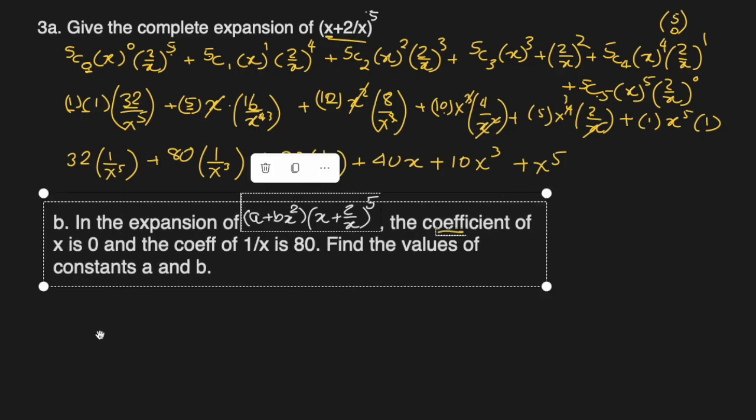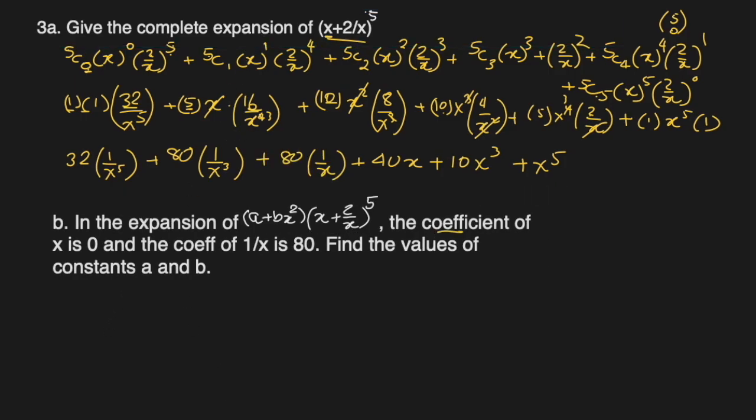Okay. Part B. Part B says, in the expansion of this new thing, the coefficient of x is 0. There is no number in front of x. So what will I do?